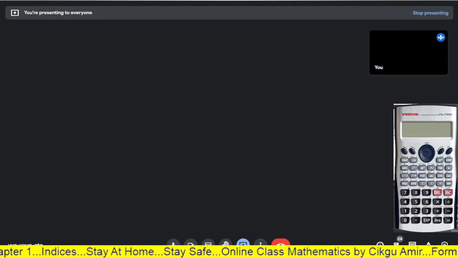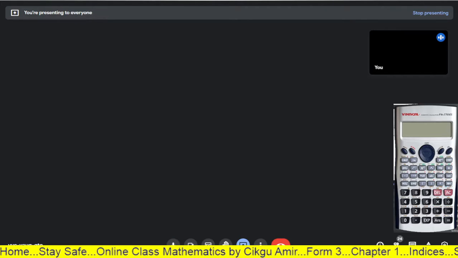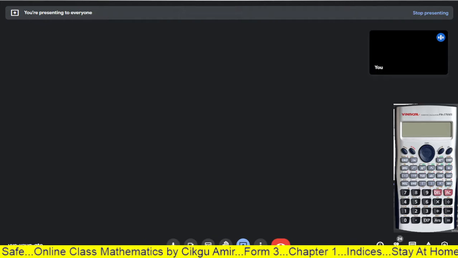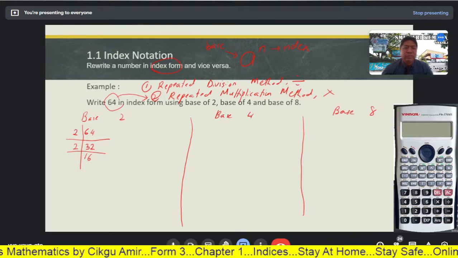Then repeat the process: divide again. 32 divided by 2 is 16.